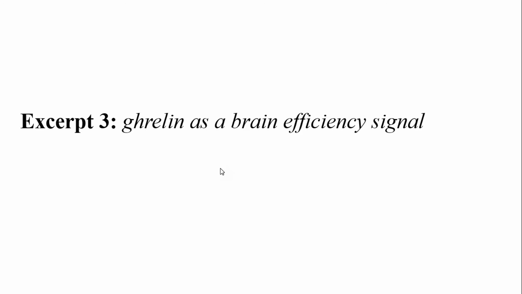Ghrelin tells your brain that you should use energy more efficiently. You could even have guessed this from experiments done before. I'm not saying that the paper has no value. I'm just saying that it is completely consistent with what has already been published.